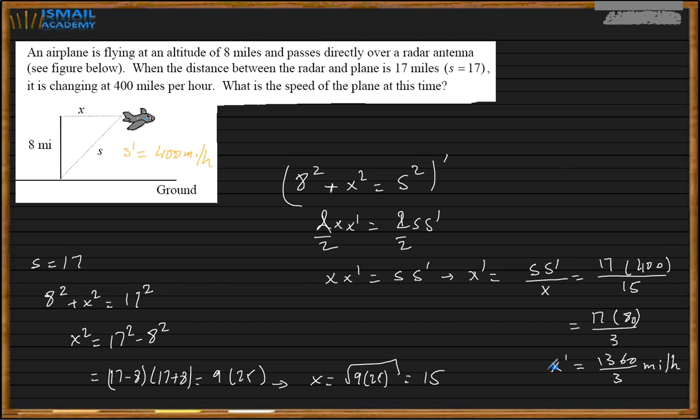This is your x prime. You can do the division, about 453.33, I think, but you can keep it as a fraction.